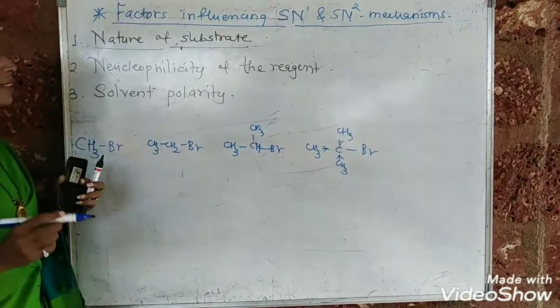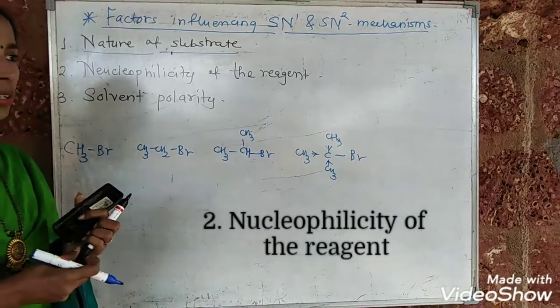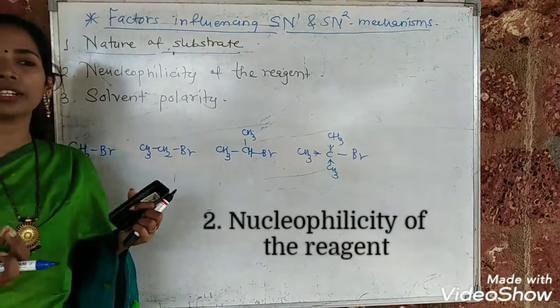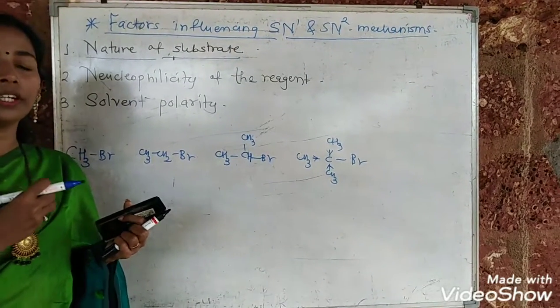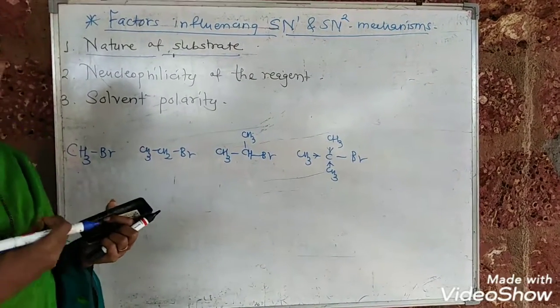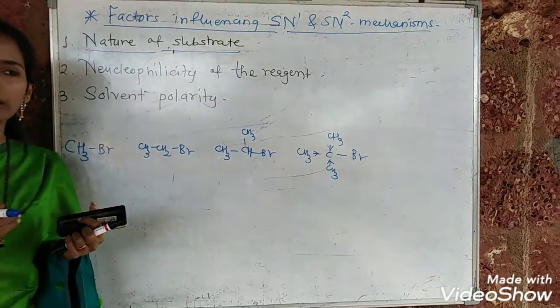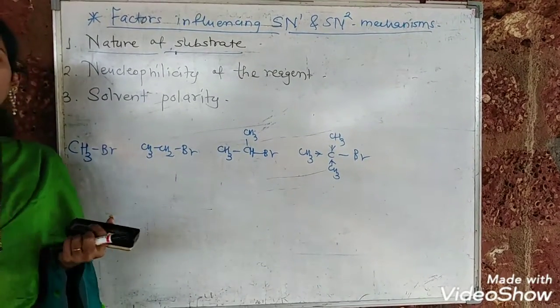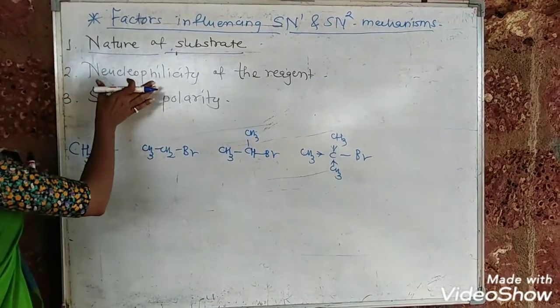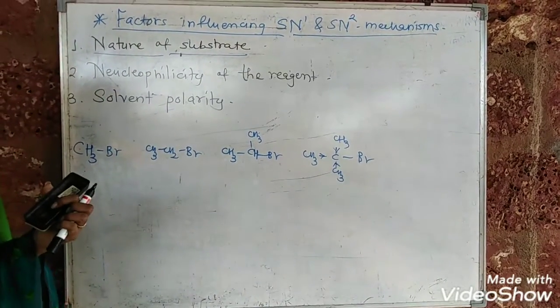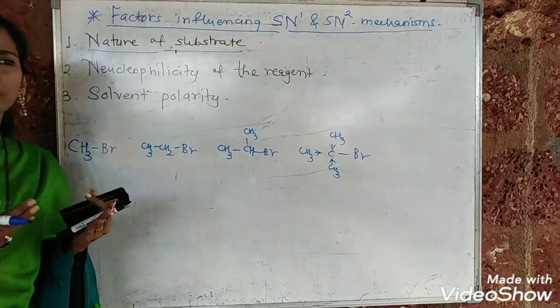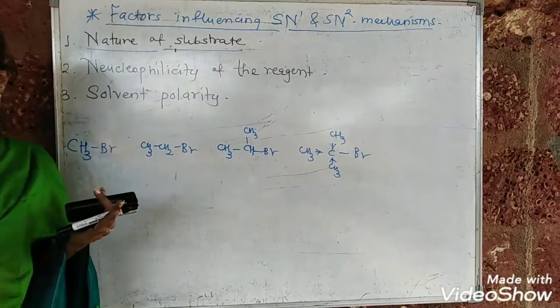Second factor is nucleophilicity of the reagent. A nucleophile is a negatively charged species and it is more active when it is ready to donate an electron pair very easily. So generally they are called Lewis bases. A base is a substance which donates electrons very easily. In the case of the SN2 mechanism, a nucleophile which is more ready to donate its electron pair favors the SN2 mechanism.